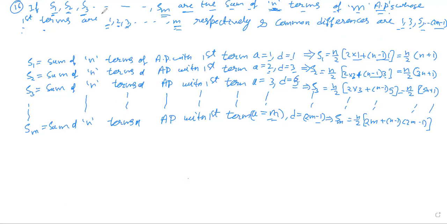If S1, S2, S3 and Sm are the sum of n terms of m APs, first AP has sum S1, second AP has sum S2, third AP has sum S3, and Sm means the sum of n terms of AP whose first terms are respectively 1, 2, 3 up to m, and the common differences are respectively 1, 3, 5 and so on up to 2m minus 1. So we have used the formula for sum of n terms of an AP, n by 2 into 2a plus n minus 1 into d.